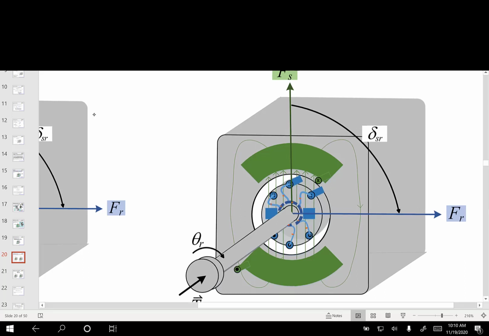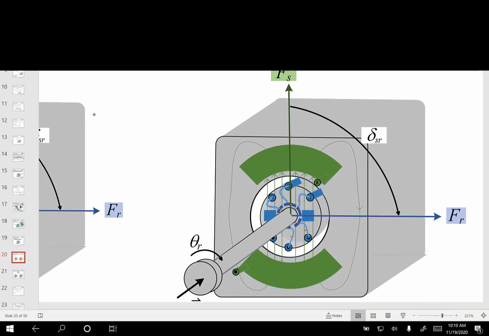The field is just like an electromagnet. In a permanent magnet machine, they just replace the electromagnet with a real magnet. So you say north, south, if it was a permanent magnet.